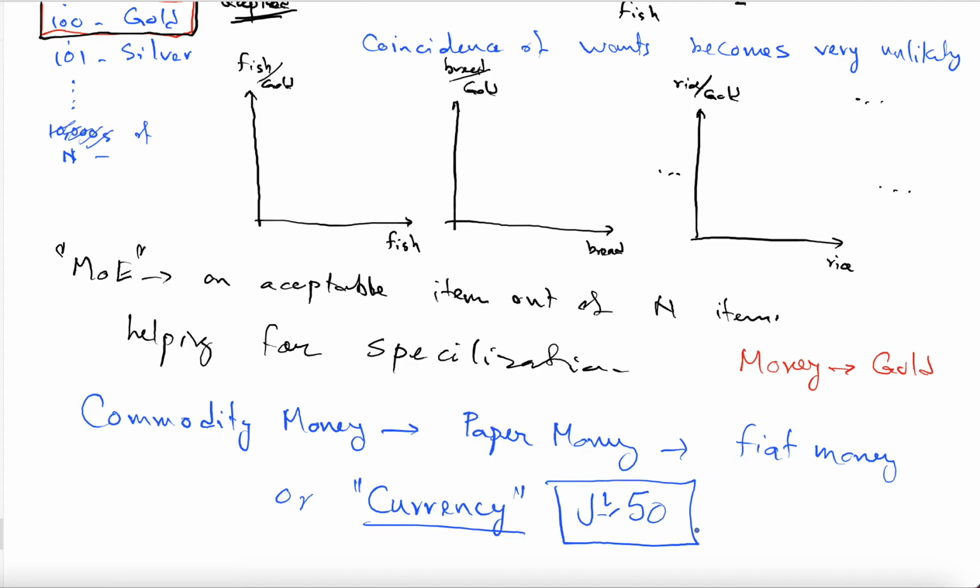And gold by itself has an intrinsic value. It means that it is carrying some value because gold is a precious metal and it's rare. Fish, bread, all have intrinsic value. Some of them get rotten very rapidly, so they are short-lived.